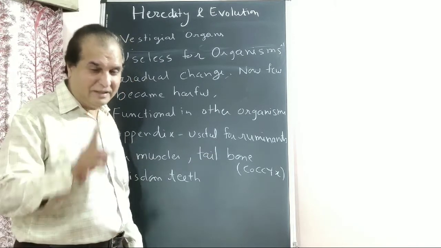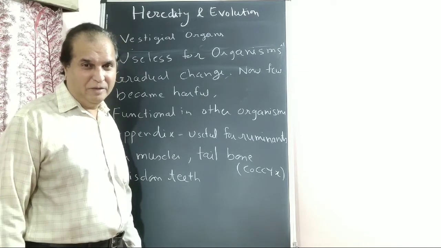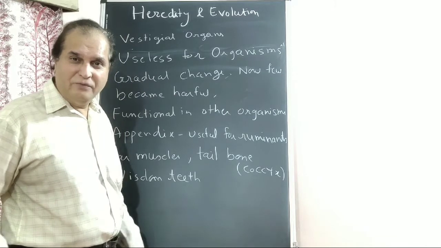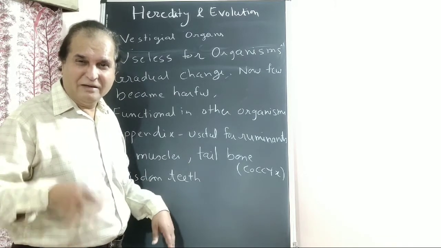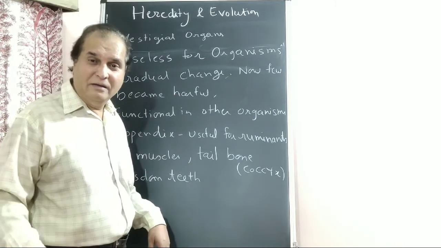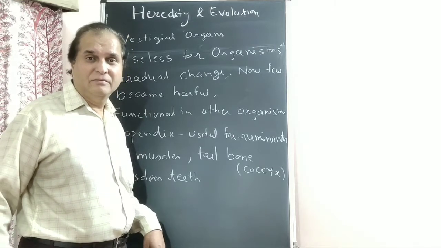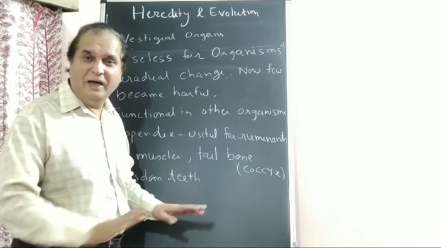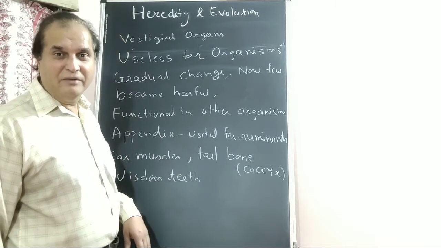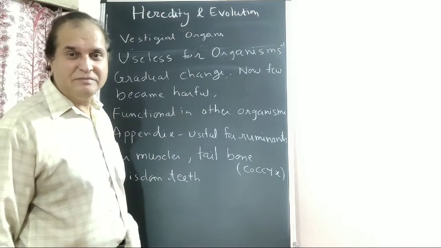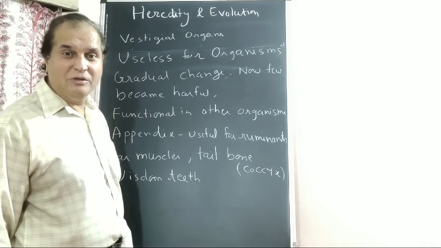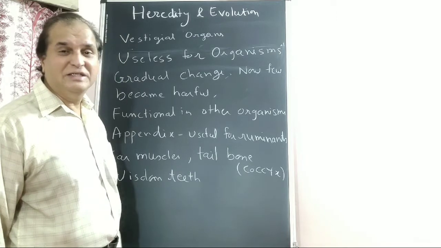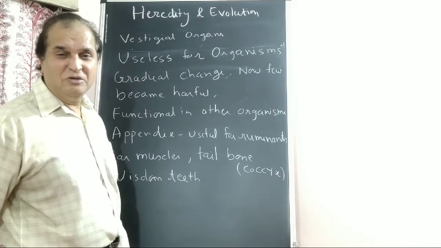Means a tail was there for human beings, because the bone coccyx is still there and a few rudimentary muscles are also there to move the tail. But now they have weakened. The tail decreased gradually, slowly and finally vanished for human beings. When we were living on trees, that time the tail was useful for balancing on the tree. But now it has become vestigial. No use.